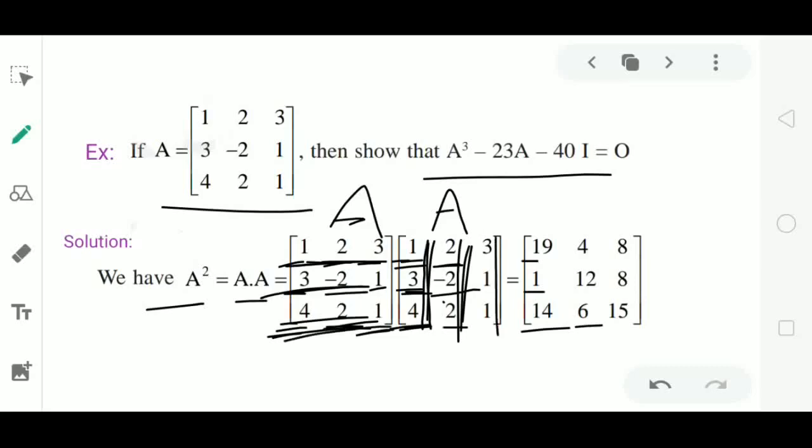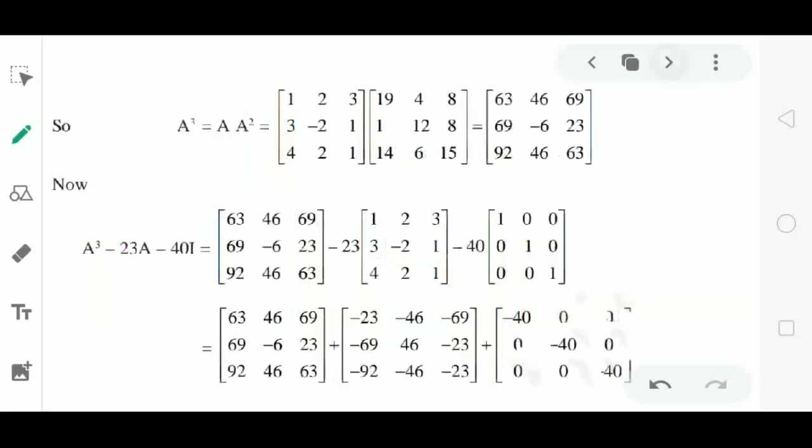Third row, third column, 4 into 3 plus 2 into 1 plus 1 into 1 is 15. This is A square. Next, to find A cube, we multiply A with A square. This is matrix A and this is matrix A square.